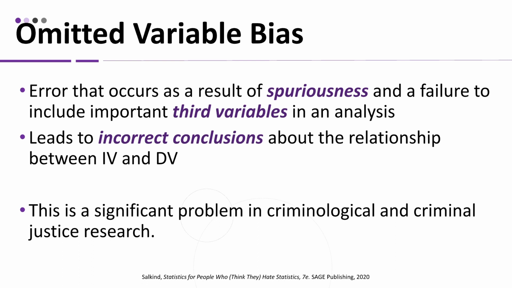So it can lead us to incorrect conclusions. And it can be a very significant problem in criminology and criminal justice research because, like I said, we have dependent variables like crime, victimization, other things that we're trying to figure out why they exist. We're trying to figure out why people commit crime. We're trying to figure out what happens when we put into place certain correctional practices. So if we're incorrectly attributing causation to a situation where things are just correlated, then that can be a problem with policy that we're making.